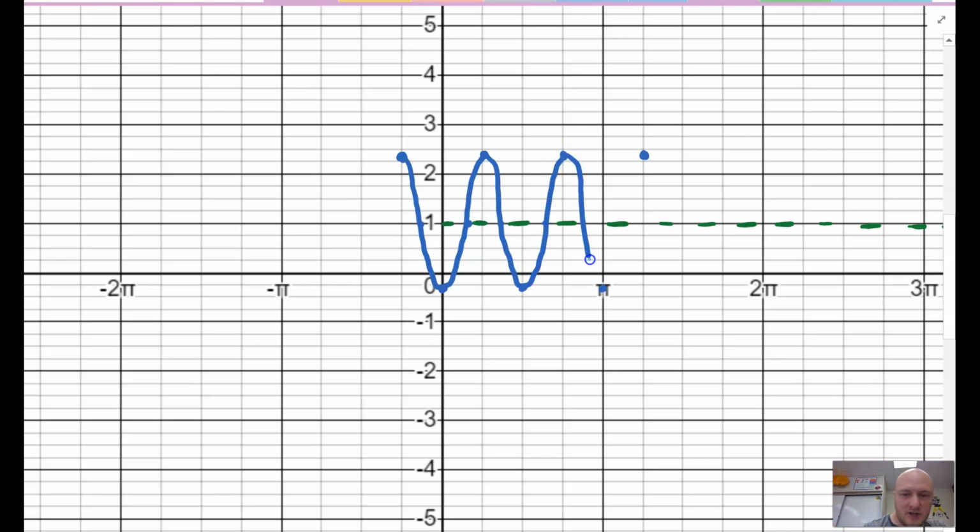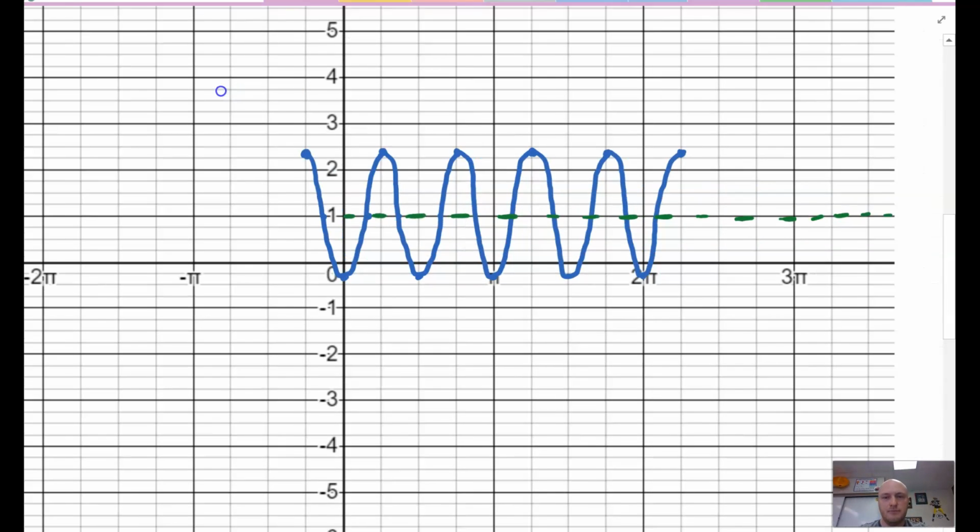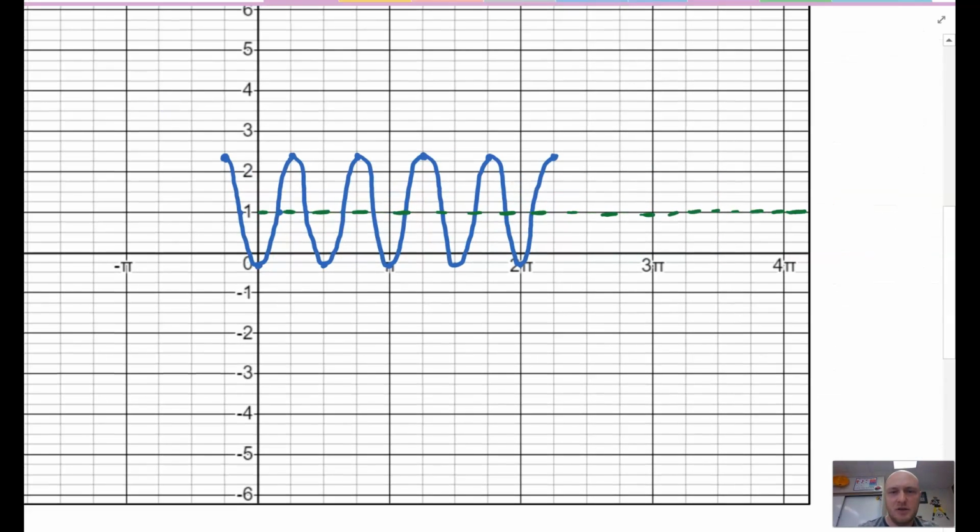So it's almost kind of a pain in the butt when you have a very, very short period. Okay, so graphing this out. And I'll just finish this half of the graph.